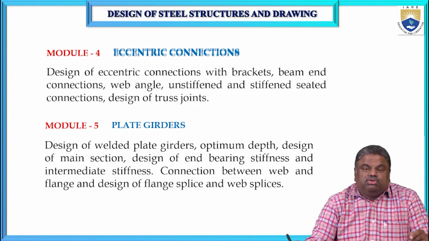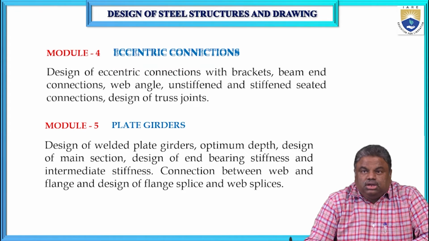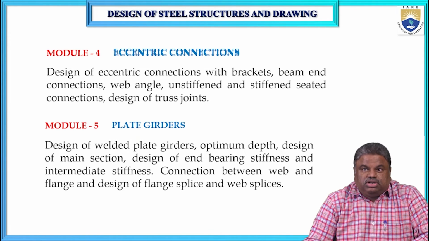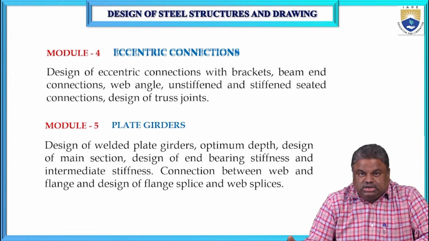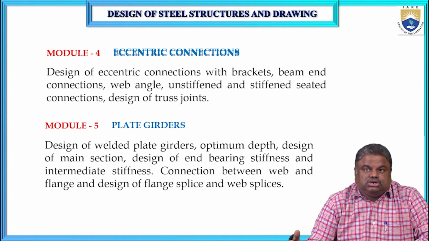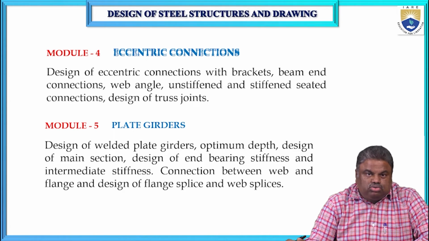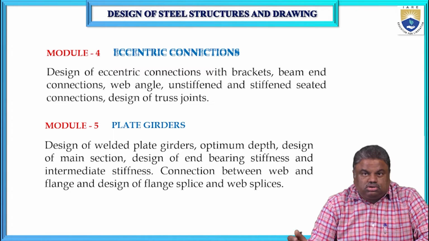Connections are very, very important in the case of steel structures. So what is an unstiffened seated connection and a stiffened seated connection? How to design these, and how to design the truss joints? How to design the truss joints also we will discuss in module 4.